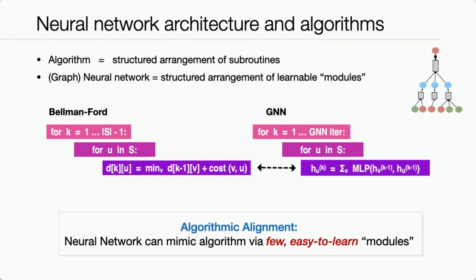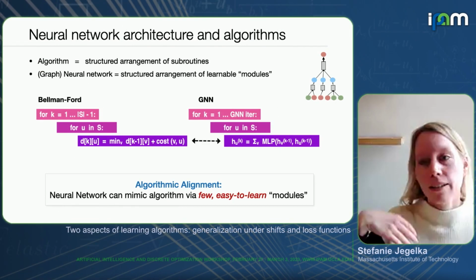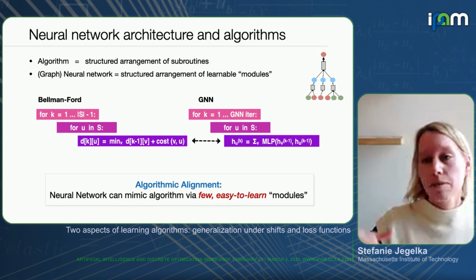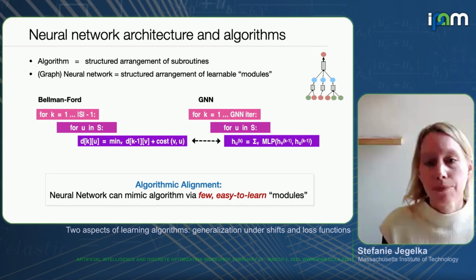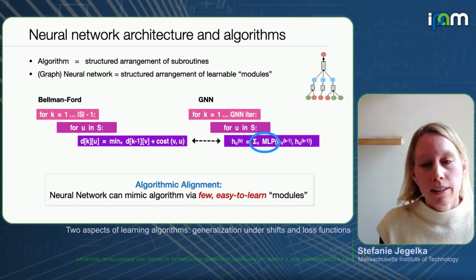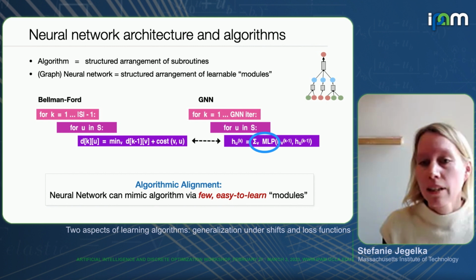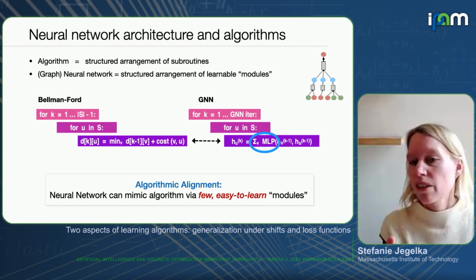So I want to use that viewpoint to make my analysis a little more tractable. I will now look at these learnable parts, what they do, basically the last line, that's the aggregation function in the network, and then bring this back into the big picture. That's essentially an MLP, a fully connected network, applied to the node features.